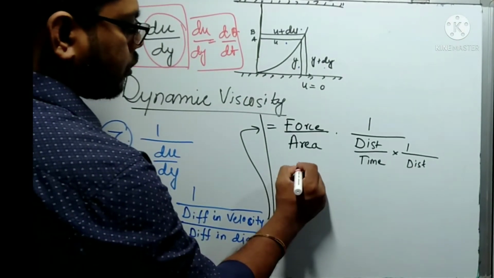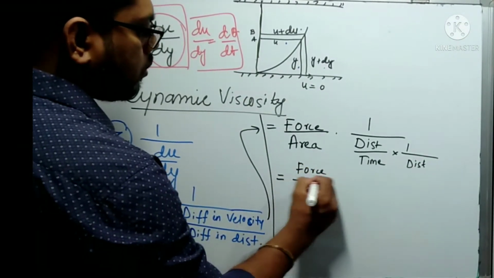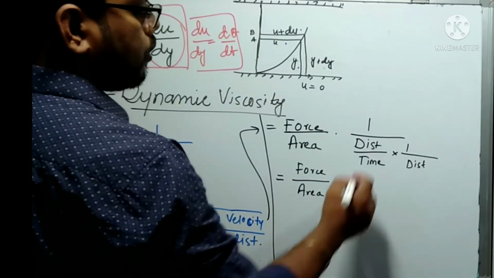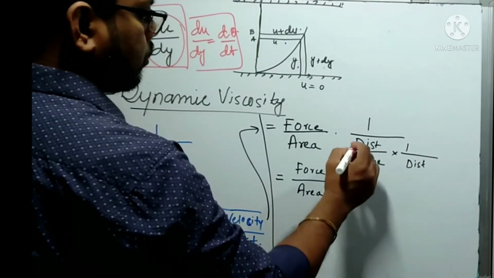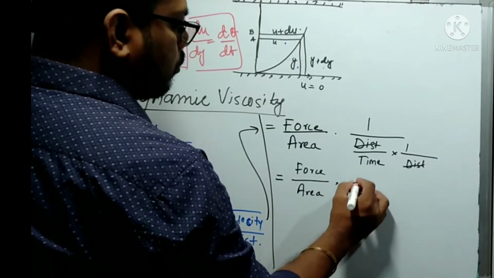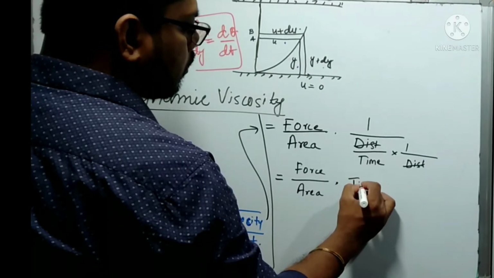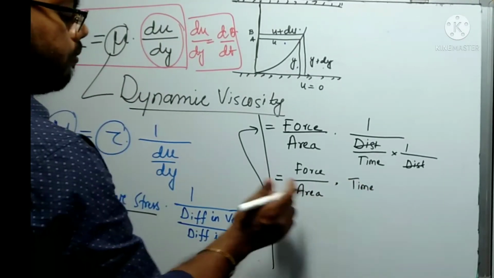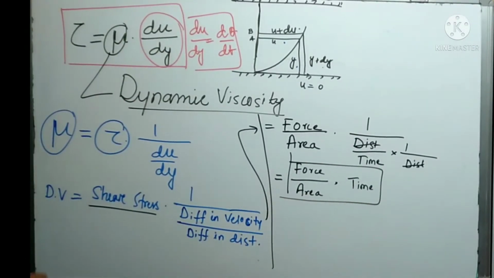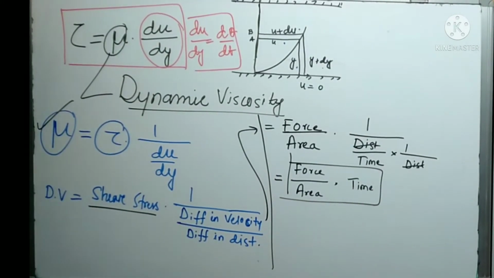Now look, that is force per unit area into distance, and distance will cancel out. So, we can write it as force into time upon area. This is the derivation of the dynamic viscosity unit.